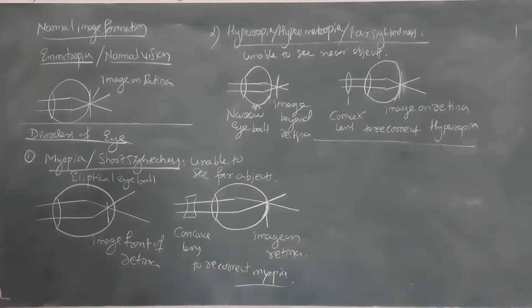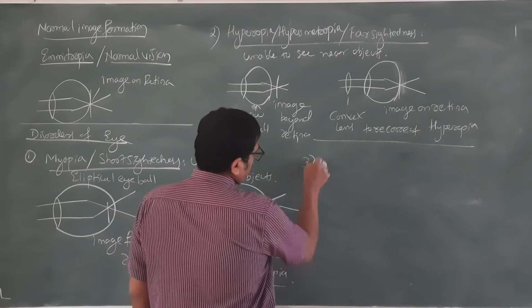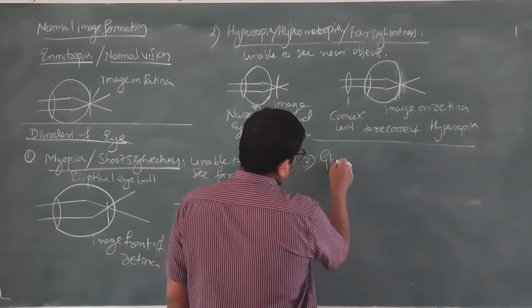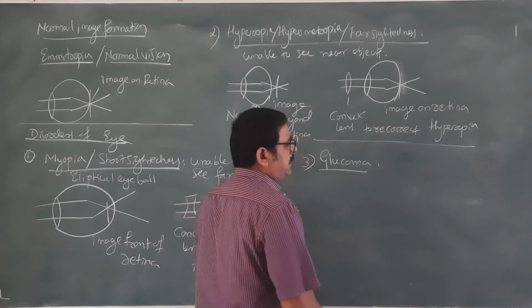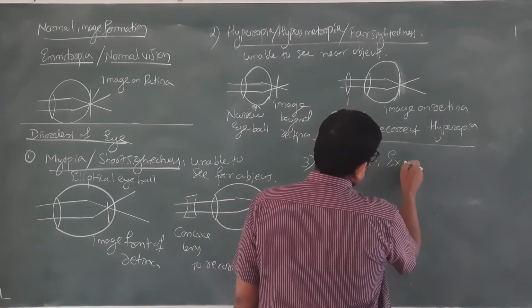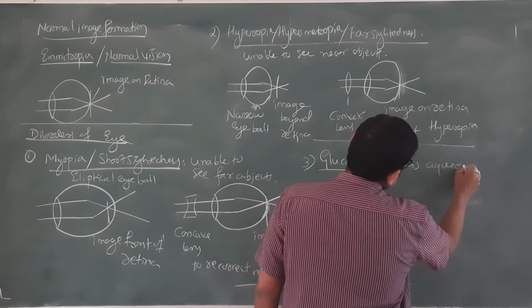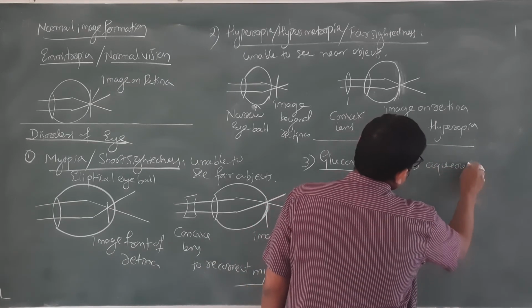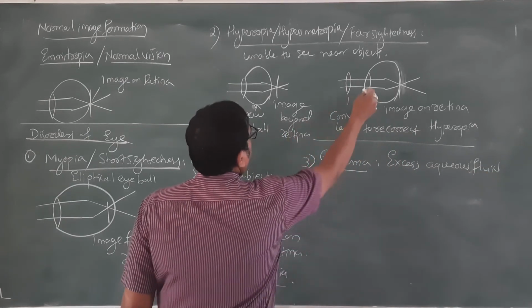Then there is one more disorder, number 3, glaucoma. Glaucoma is mainly excess aqueous fluid. Where is the aqueous fluid located? In the aqueous chamber, in front.